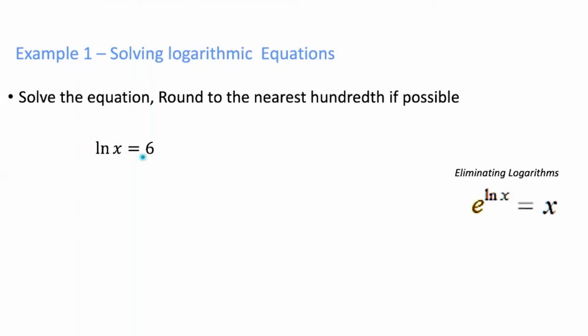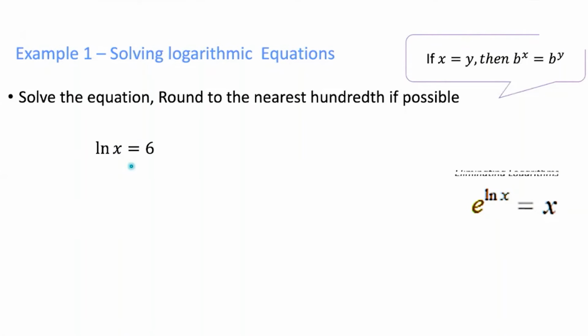And you will recall that the logarithmic function is the inverse of the exponential function. So to eliminate these logs, we use the inverse property of logarithms. So you'll remember that ln and e are inverses of each other. So to change from logarithmic form to exponential form, we introduce e.